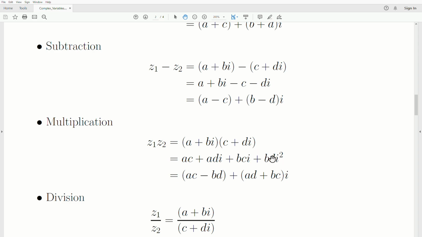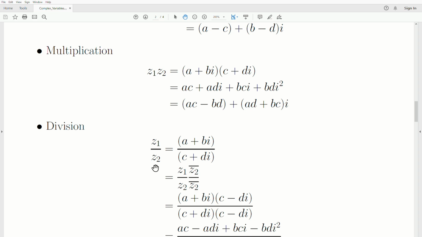And now we combine terms. Now notice that I squared is minus 1, so it changes the sign. And then it's a real component or real part of this number, right? The I goes away. So you combine the real components and then you combine the imaginary components, and then this is your new complex number.